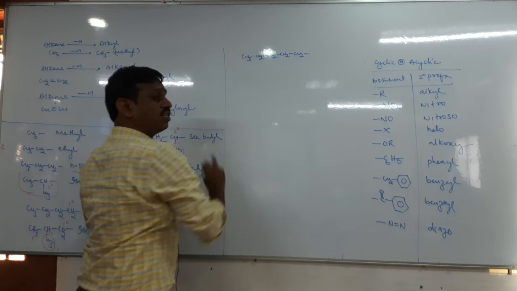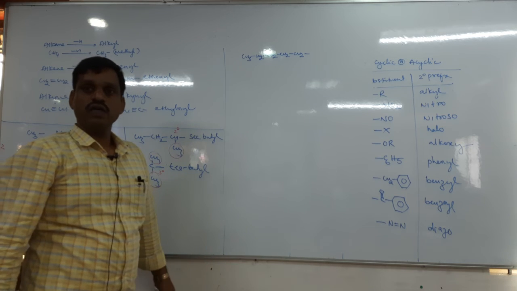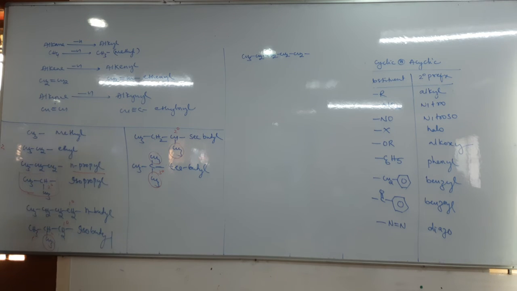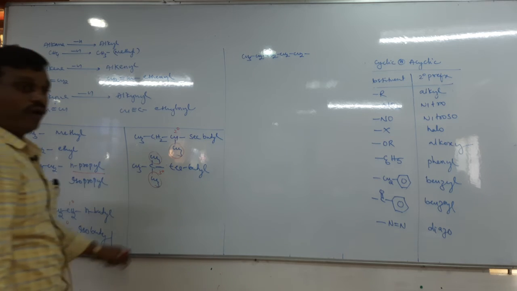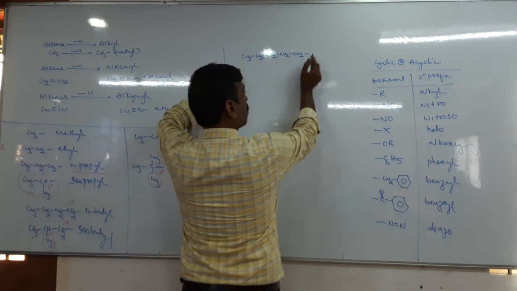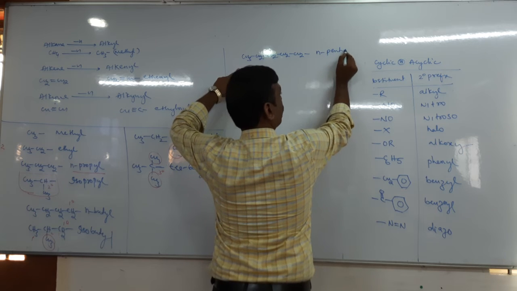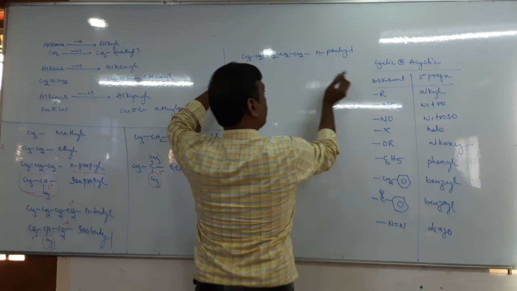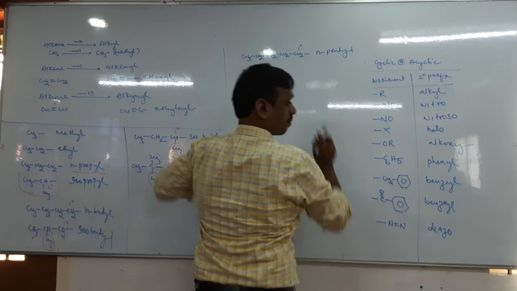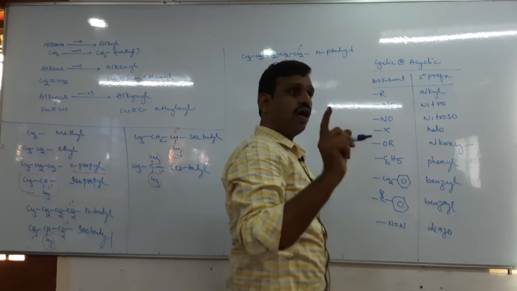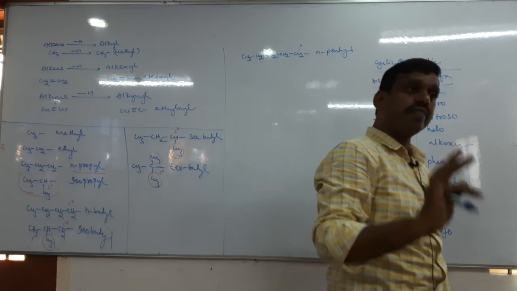Tell me, what is this? Is it n-pentyl or not? N-pentyl. Why n-pentyl? Normal chain. There is no branching. N-pentyl. And moreover, when you say n-pentyl, this carbon must be primary, because n-iso-neo is always primary.